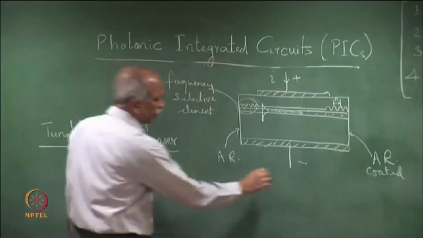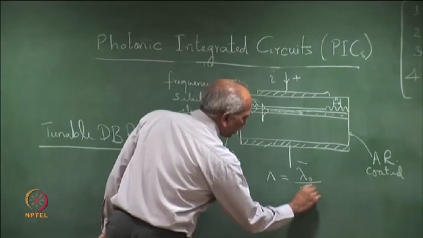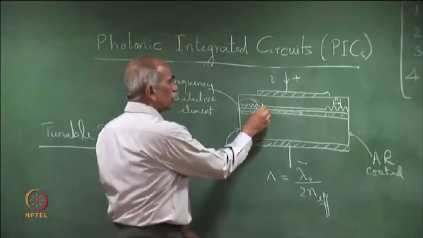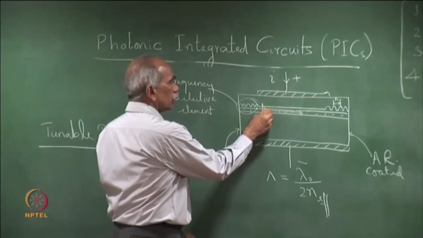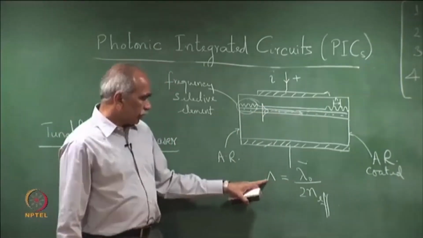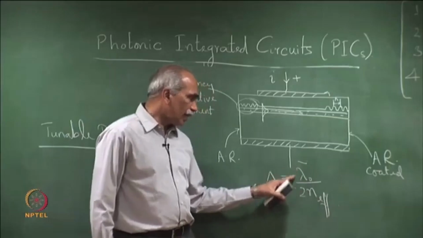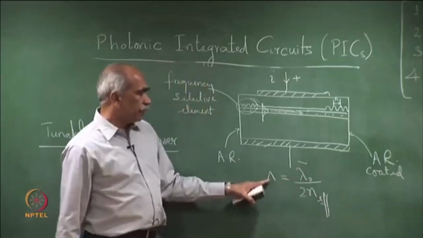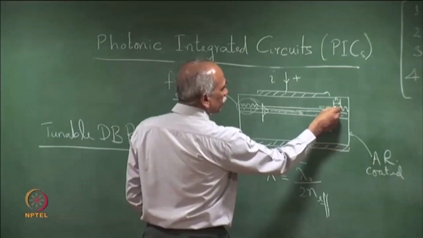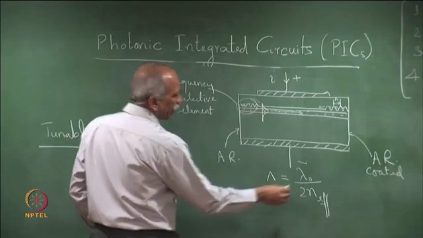lambda, the period is such that if we choose lambda is equal to lambda 0 divided by 2 n effective, where n effective is the effective index of the optical mode. Here is the optical mode which is propagating back and forth. If the period is such that it is equal to lambda 0 by 2 n effective, then lambda 0, the optical wavelength, would resonantly get reflected at this periodic grating, leading to feedback at this wavelength only.